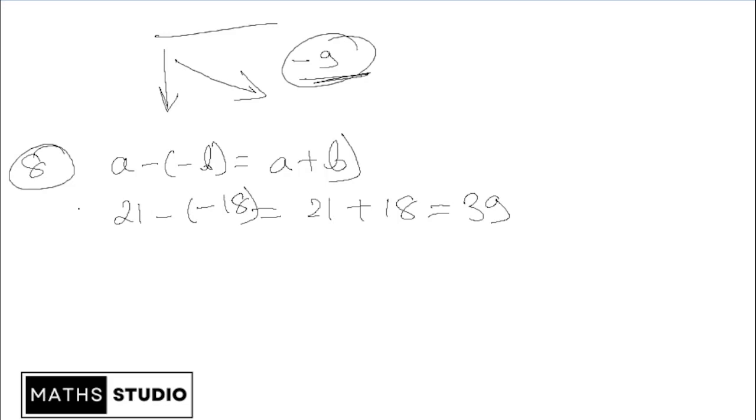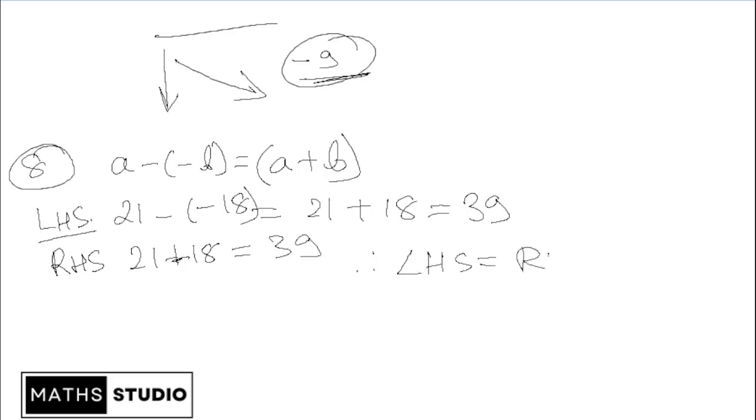And this is the LHS. Whenever we are supposed to prove something, we will take the LHS and RHS. Okay. RHS is what? A plus B, that is 21 plus 18, which is same as 39. So therefore LHS equal to RHS. Hence it is proved.